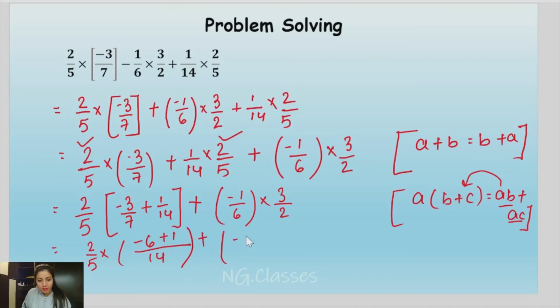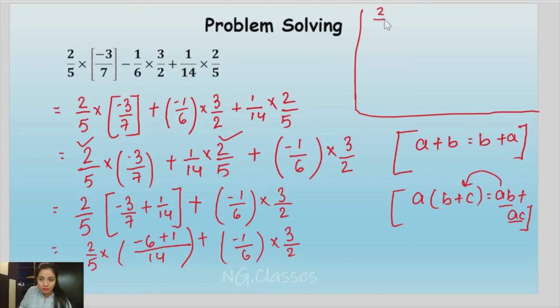Here minus 1 by 6 into 3 by 2. What do we get here? So we are getting 2 by 5 into minus 5 by 14 plus minus 1 by 6 into 3 by 2.